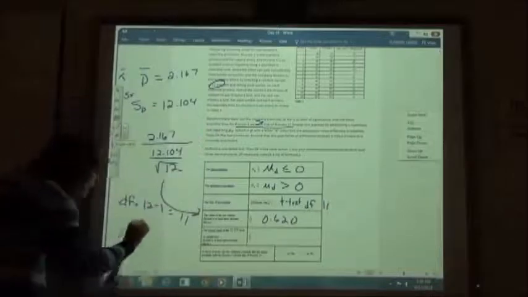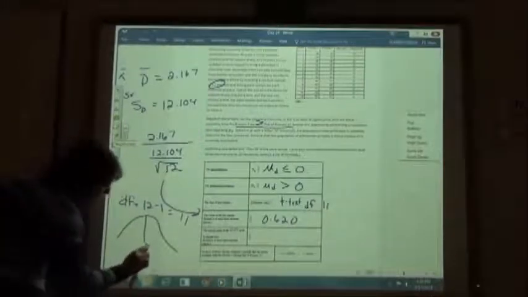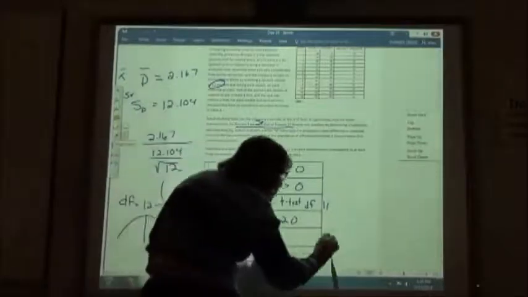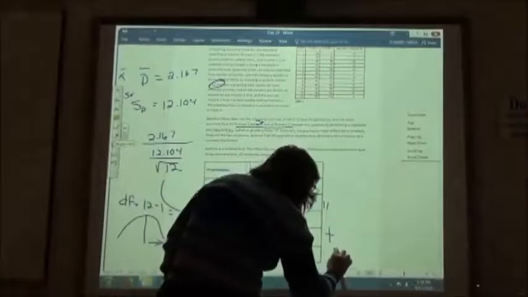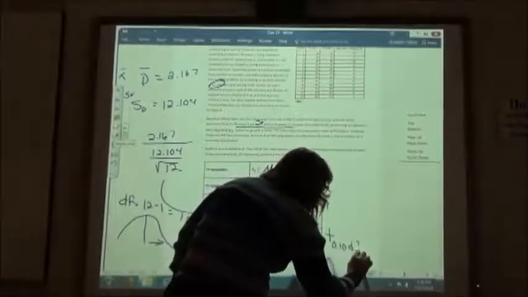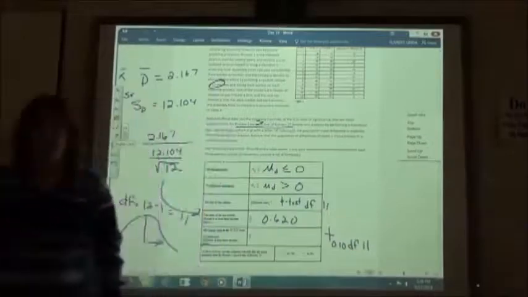On our critical value here, this time we are doing, does it exceed, is it greater than? We're just doing a one-tailed test and not a two-tailed test. So when we do our critical value, we don't have to divide by 2. We're just going to use the 10% level of significance. So we're going to do t sub 0.10 with a degree of freedom of 11.